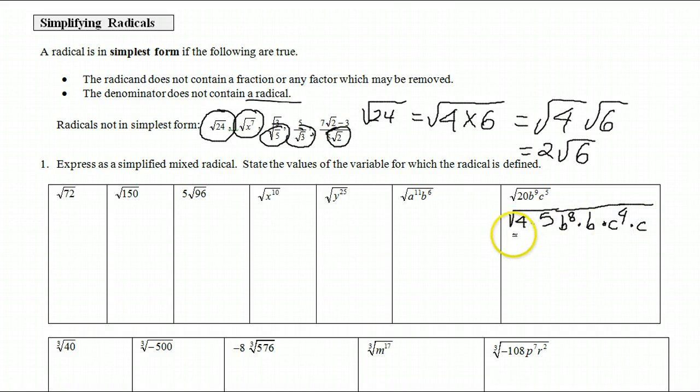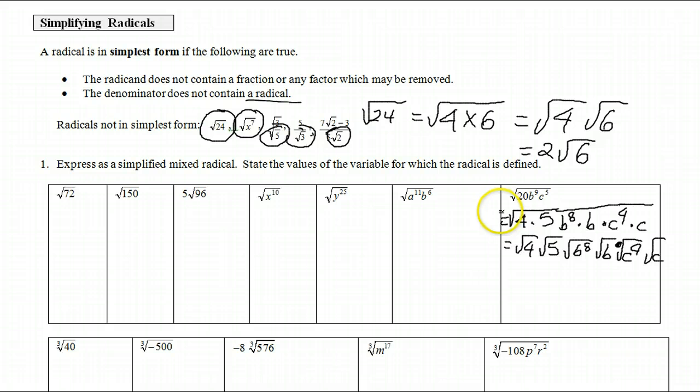Okay, and then we can pull these out. Now this expression is equal to what's above. So it's equal to root 4, root 5, root b to the 8th, root b, root c to the 4th, and root c.